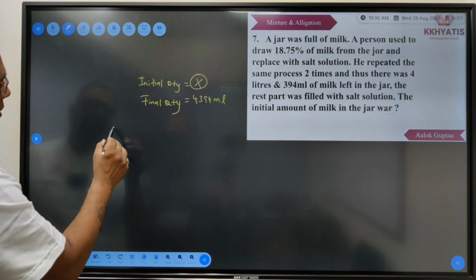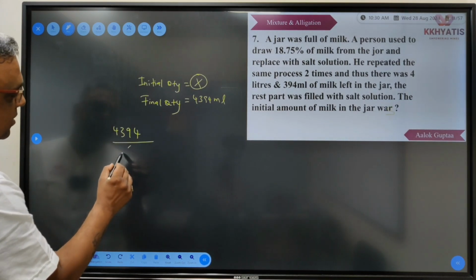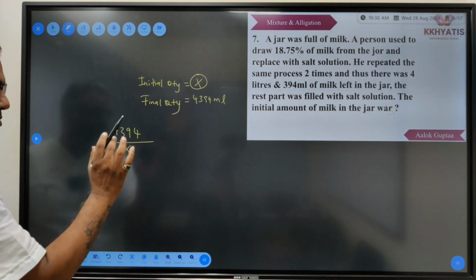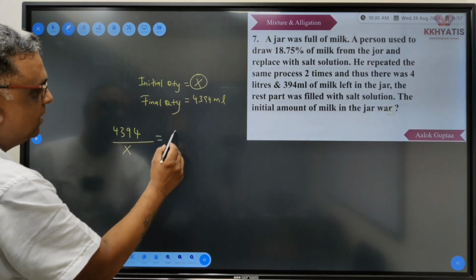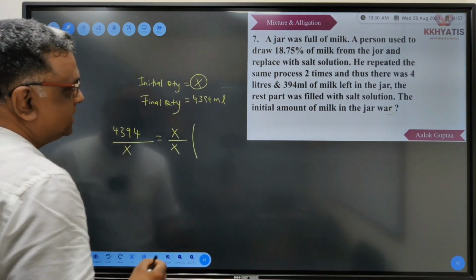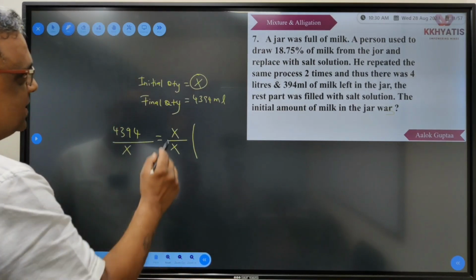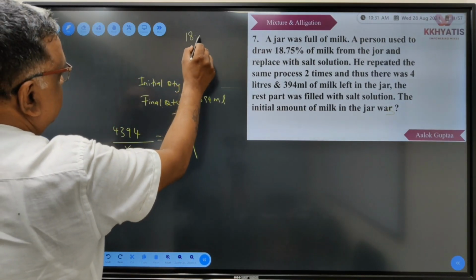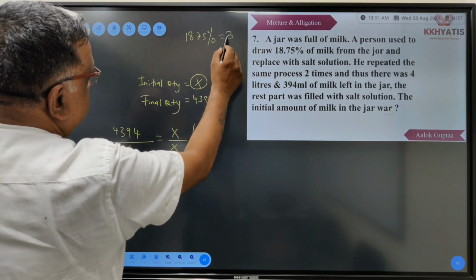So final quantity of milk upon total final quantity would be X only, because initially the jar was totally full of milk, so this quantity will remain. Initial quantity of milk upon total initial quantity was also X, and 18.75% is removed. So how much is 18.75%?